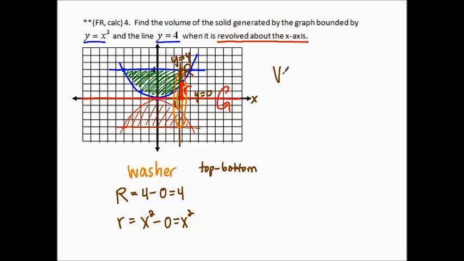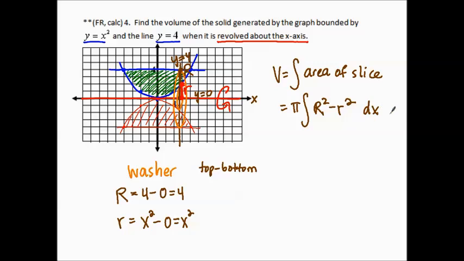Now remember, volume is always and will always be the integral of the area of a slice. This time the slice happens to be a washer, so we're going to say pi integral big R squared minus little r squared. And we've determined that we're working like the x-axis of rotation, so it's with respect to x.